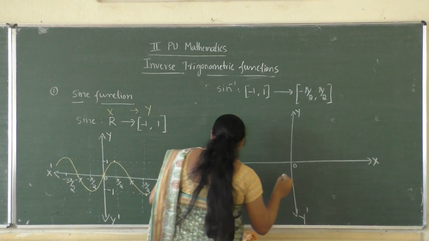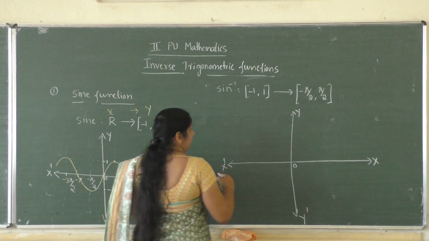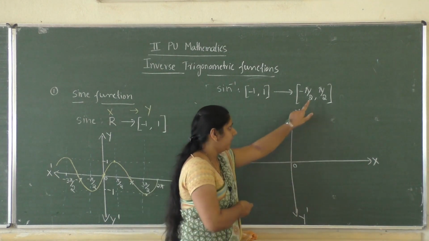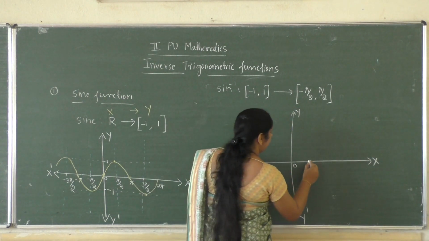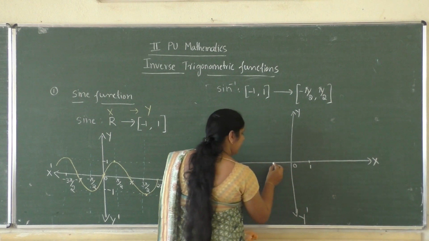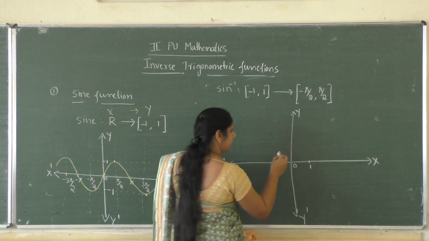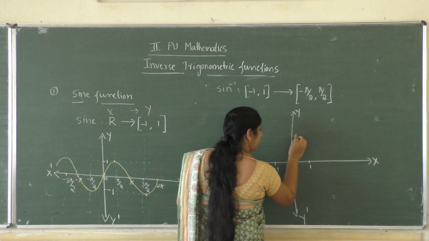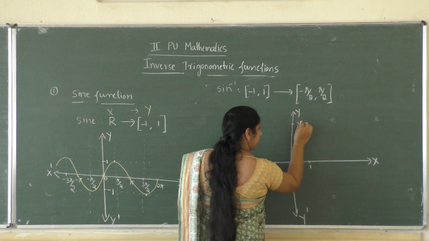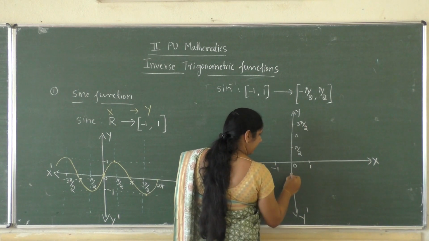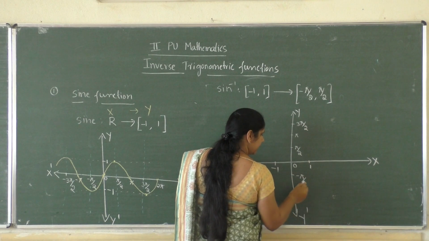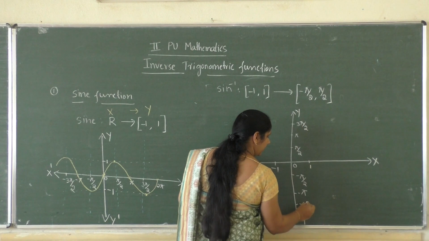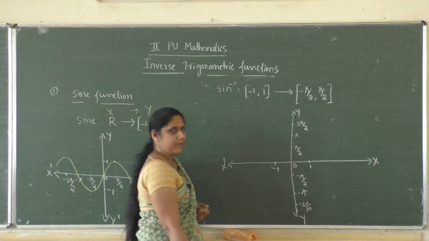So here 0. Along the x-axis we take this one, and along the y-axis we take this one. So here I will write 1, here -1, and here pi by 2, pi, 3 pi by 2, and here minus pi by 2, minus pi, minus 3 pi by 2.